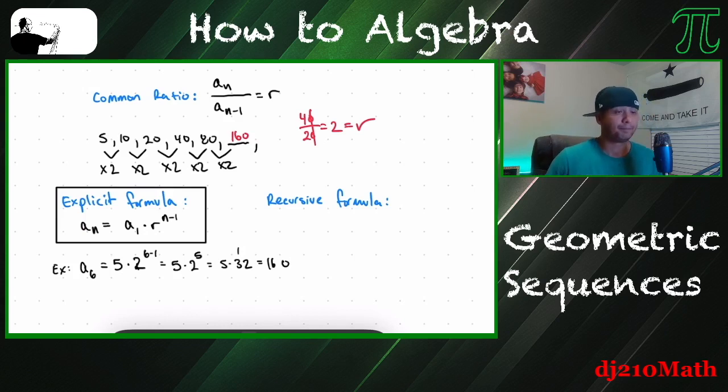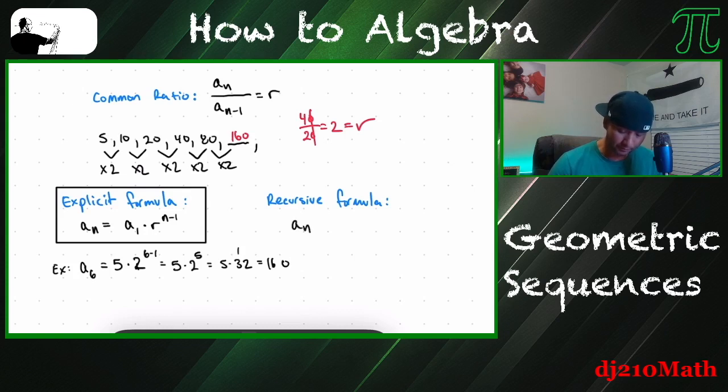All right. So you can find any term using this formula. The recursive formula is a little bit more intuitive, I think. If you think about how we first found, from looking at the sequence, that 160 is the next one, you can quickly say, okay, it was times 2 to get from one term to the next, and 80 times 2 would be 160. So that's basically what needs to happen.